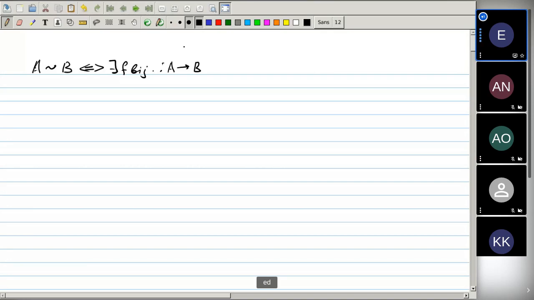So, we know some facts about these bijections. For example, what do we know?